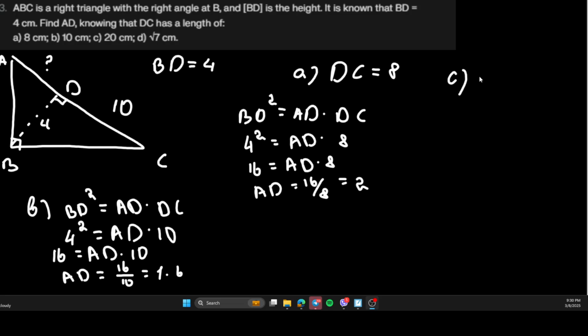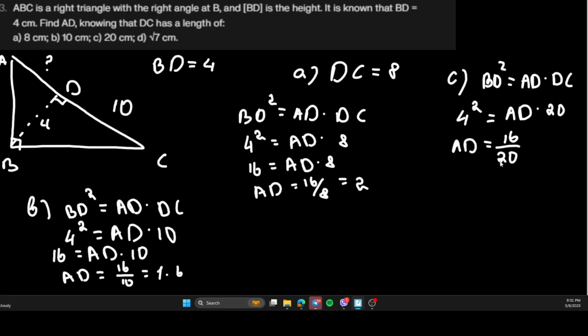If we plug it in, we would have 4 squared equals AD times 20, and so AD equals 16 over 20. Simplify by 2, 8 over 10, which is 0.8. Because you just move 1 digit, so it's 0.8.